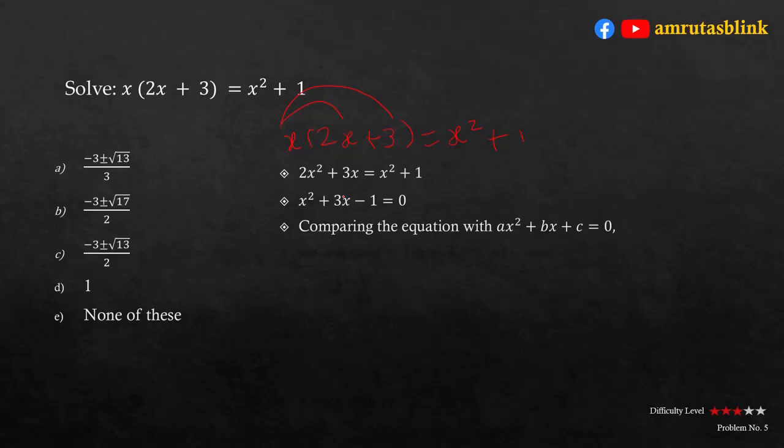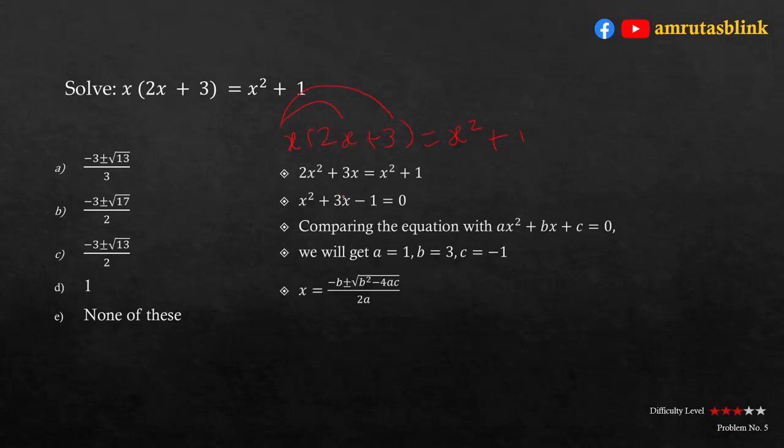So, the given polynomial is x square plus 3x minus 1 is equal to 0. We will compare this with the standard form of quadratic equation, that is ax square plus bx plus c is equal to 0. So after comparison we will get the values as a is equal to 1, b is equal to plus 3 and c is equal to minus 1.